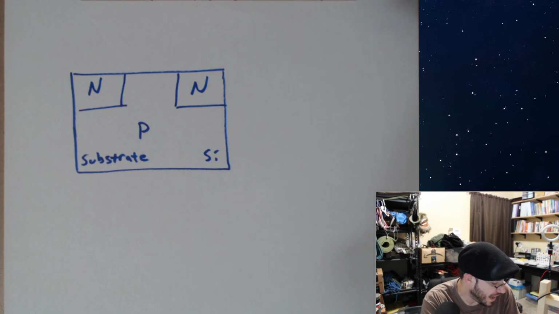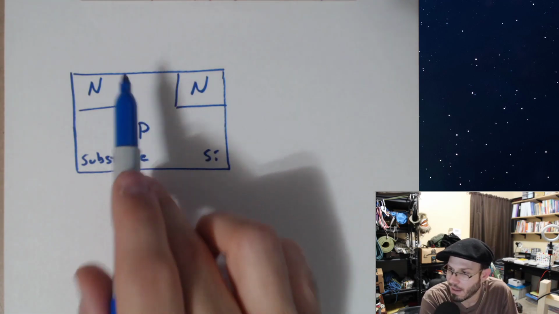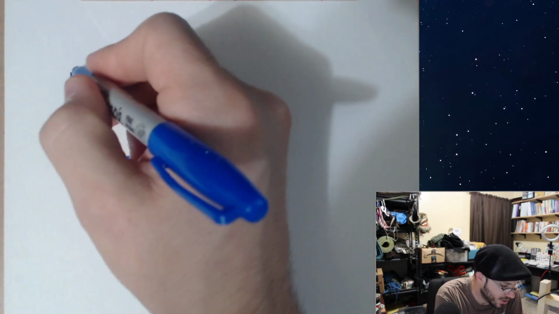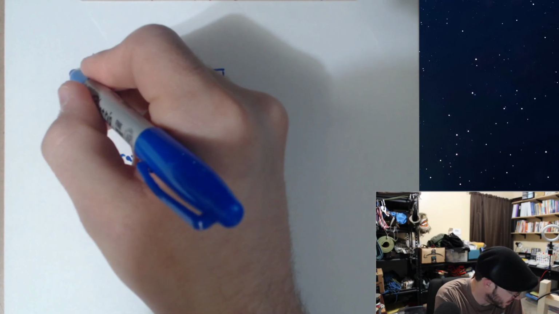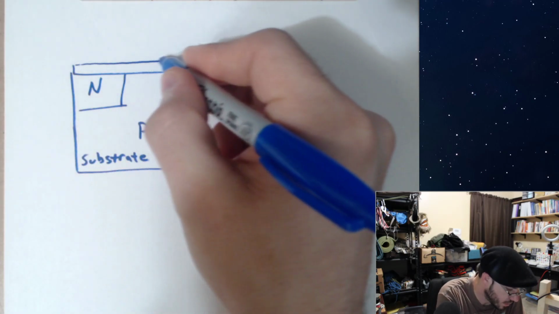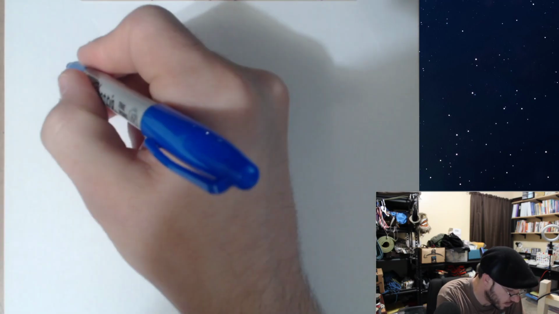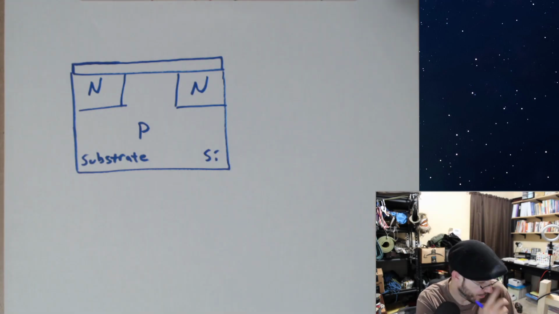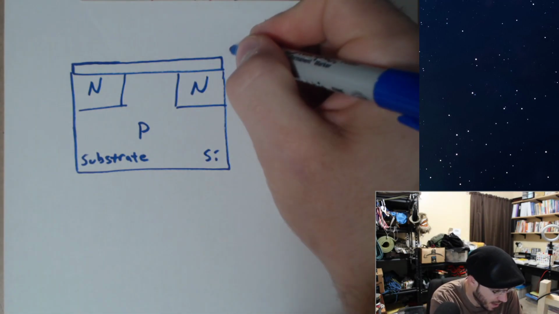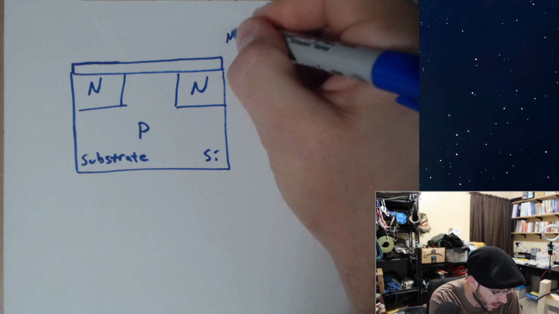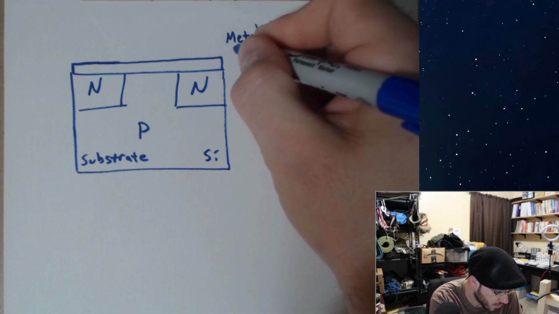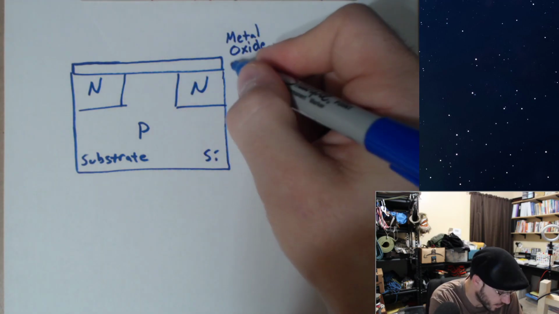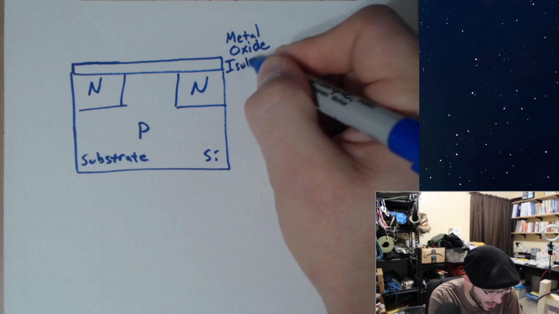And now we get to talking about how we construct the gate. The gate is actually constructed by growing this oxide, and that's actually where it gets its name from: metal oxide insulation.